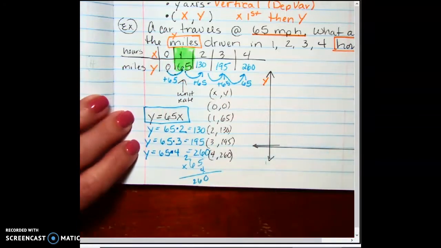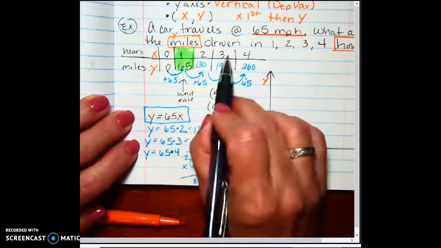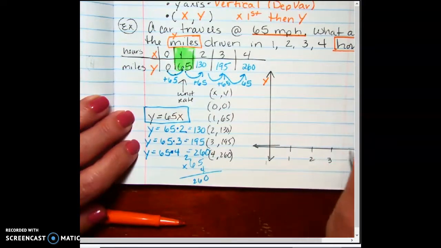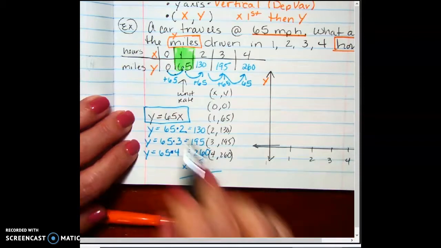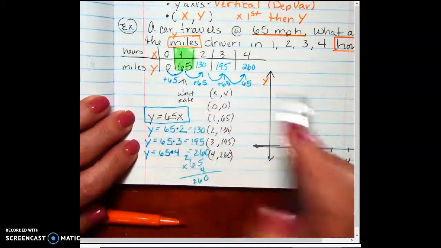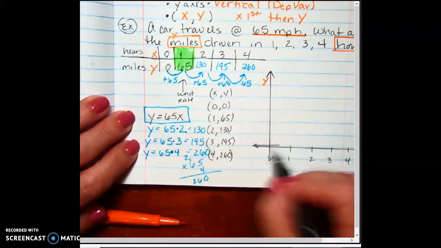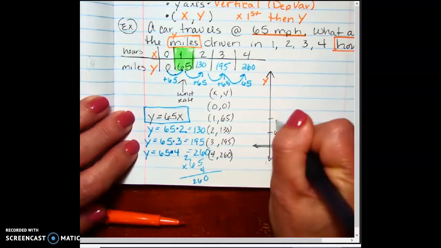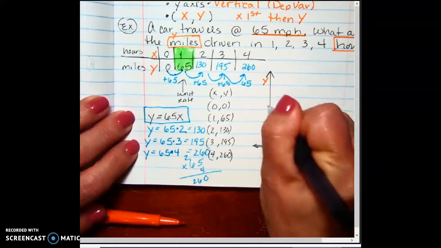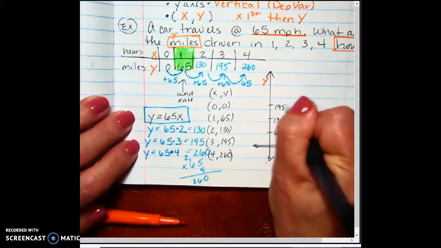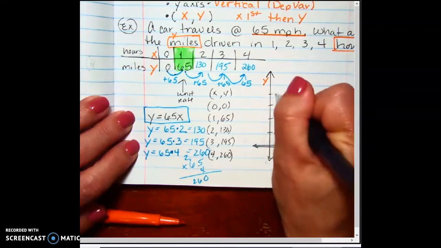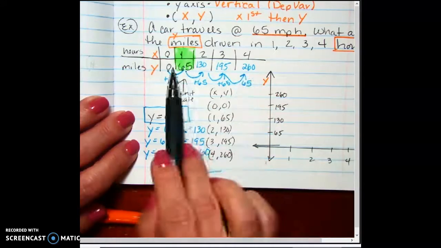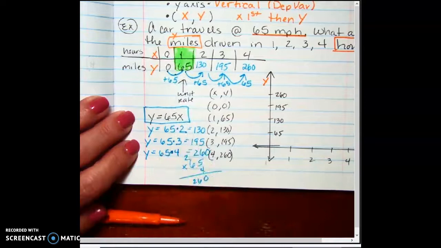And then I would have 1, 2, 3, and 4. Now I have my y intervals. So I have 0, which is here. I have 65. I have 130. I have 195. And I have 260. Where did I get those from? Right here. y. It even says it.